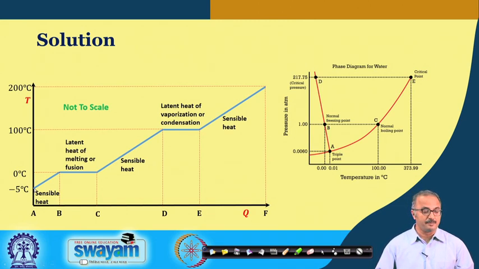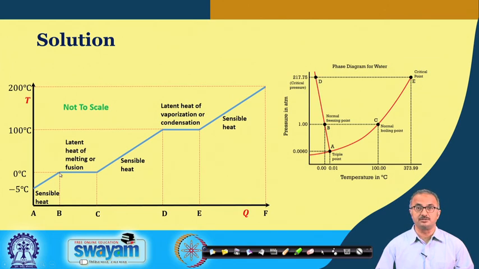So first, the -5 degrees centigrade ice has to be first heated using sensible heat up to 0 degree centigrade, and perhaps you know sensible heat means that heat that can be sensed by the thermometer through some temperature change. Okay. So from -5 degrees centigrade up to 0 degree centigrade, we need some heat energy.